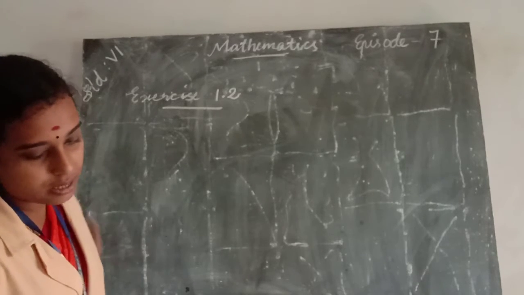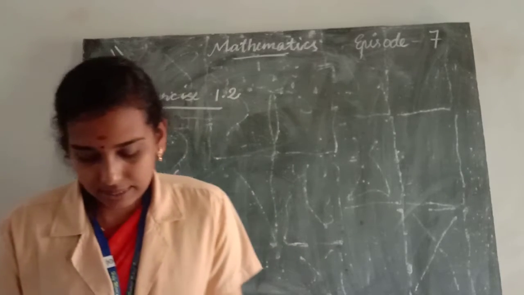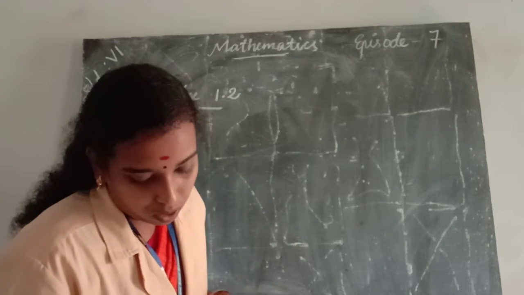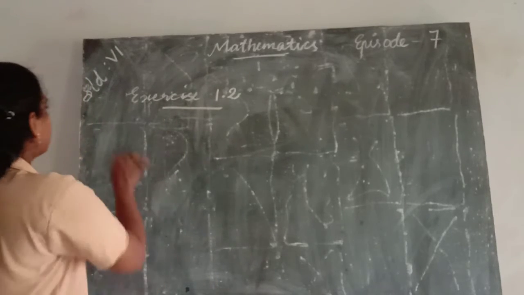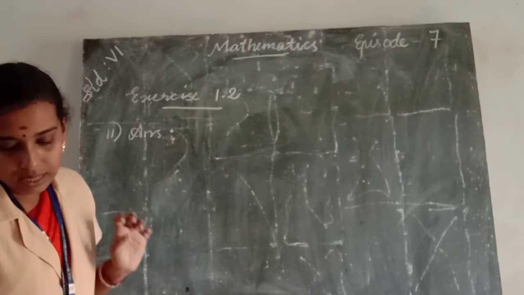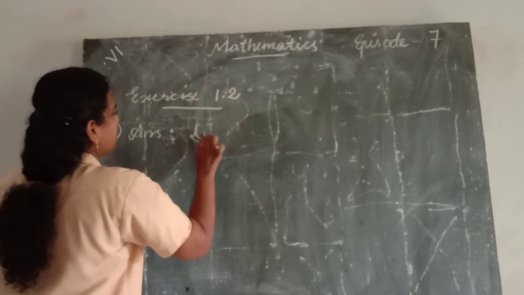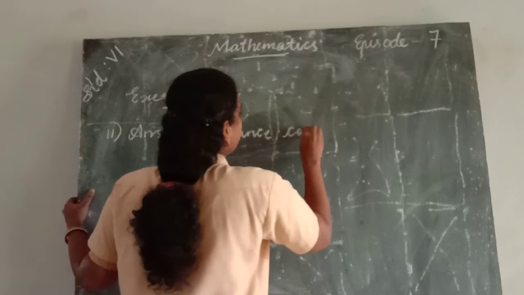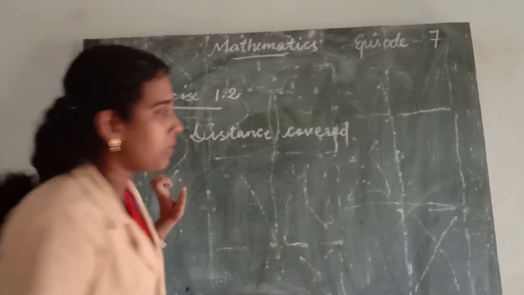So the first step is, given that the distance covered between school and the student's house is 1 kilometer 875 meter. So question number 11, answer. First step is distance covered between school and house.